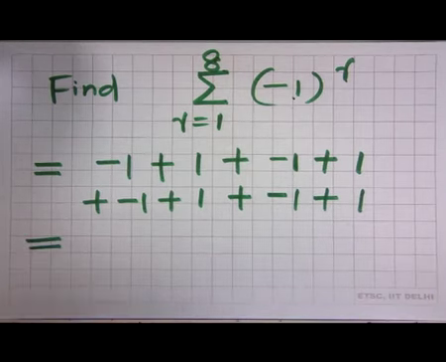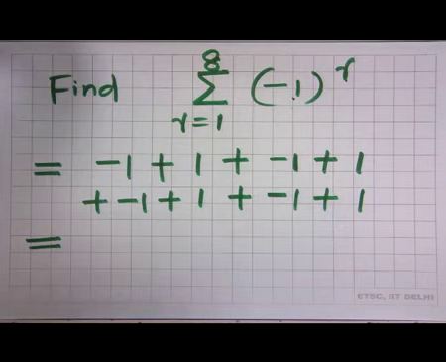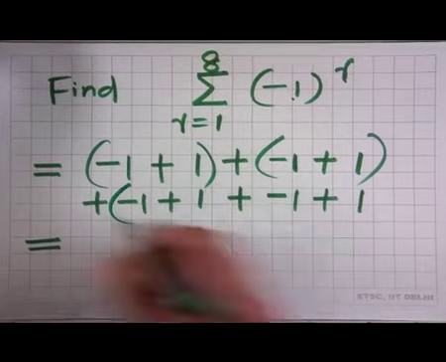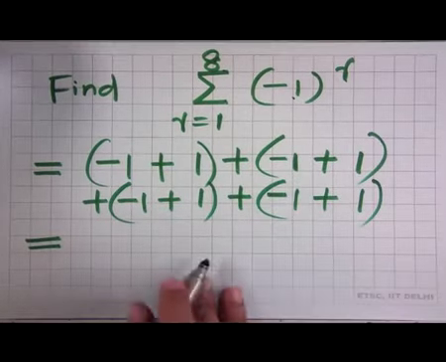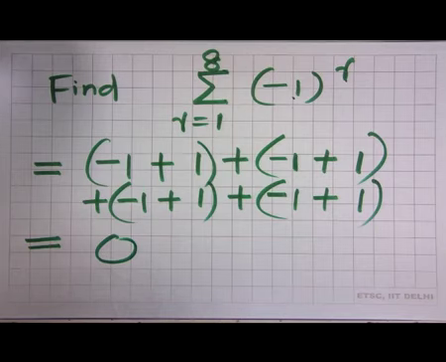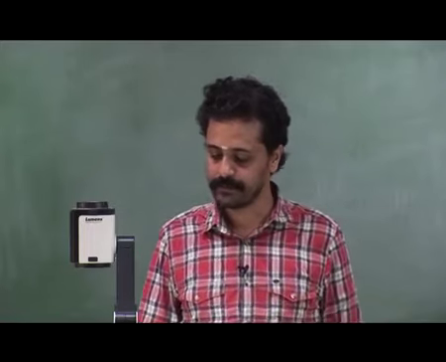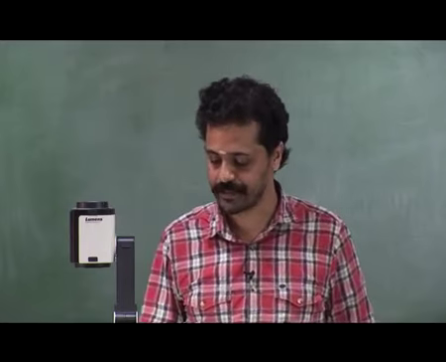Since we are dealing with a finite number of real numbers, this sum can be found in any order whichever is convenient for us. So, let us group in this manner. Finally, we get 0.